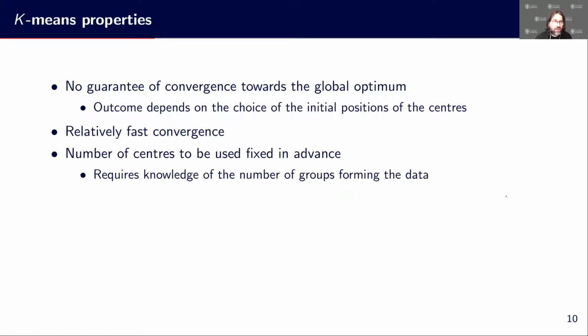And we need to fix in advance the number of centers. This is a big deal somehow, because we may not know in all cases how many groups we have in our data set. But with K-means, we need to figure this out, or at least try some possible K values.